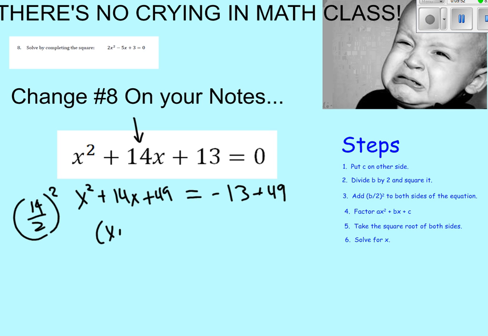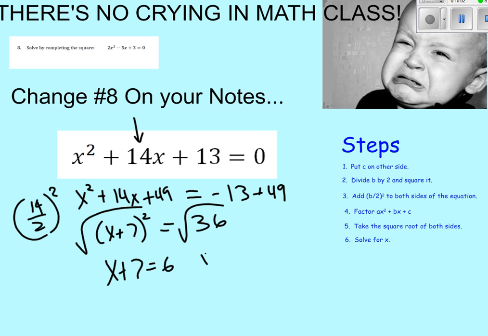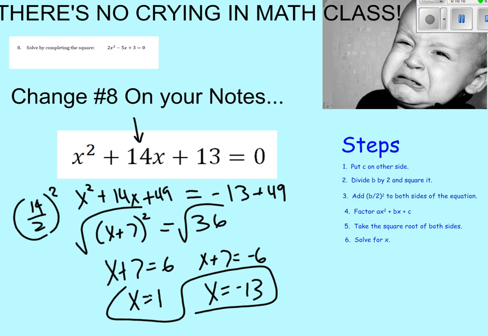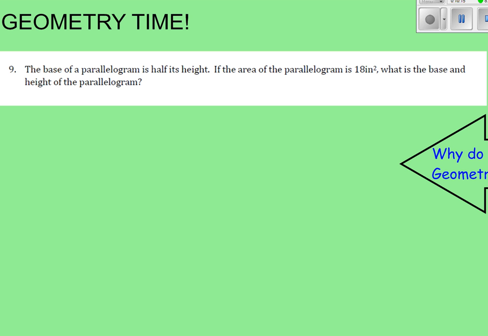This is going to be x plus 7 squared. 49 minus 13 is 36. Square root, square root. When I do that, I get negative 1 and I get negative 13. That's what we got. Thank you for playing.